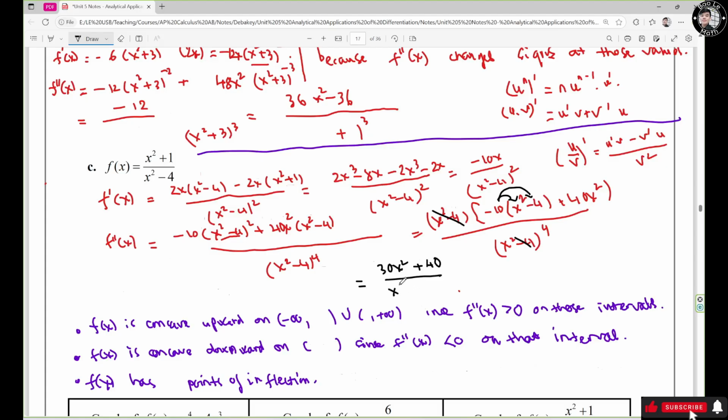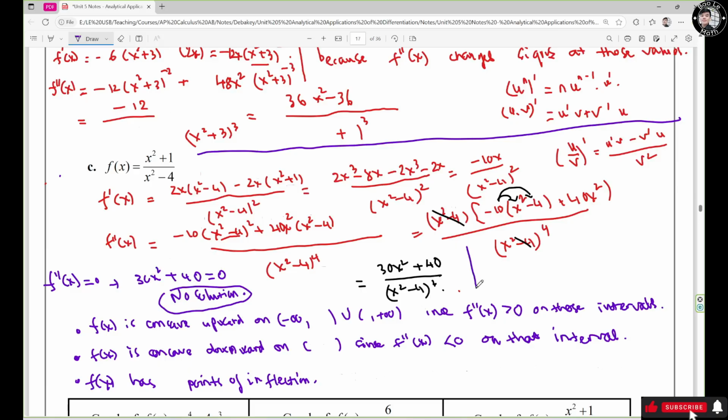Over (s squared minus 4) to the power 3, right? Now I need to let f double prime of s equals 0, which is the same thing as 30s squared plus 40 equals 0, right? This equation has no solution, right? Because 30s squared plus 40 is always greater than 0, right?